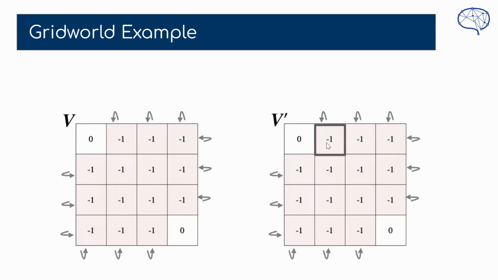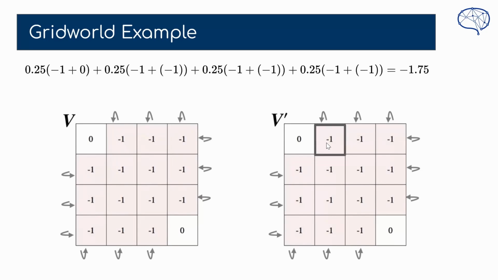So if we do this again, if we start in this state, we're just doing the exact same thing, but instead of values of 0, we are using the values that we got previously. We're no longer using our 0 values. So once we calculate that, our new value for this state right here is negative 1.75.